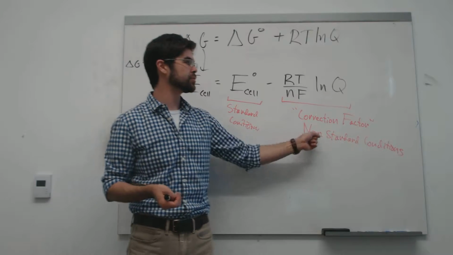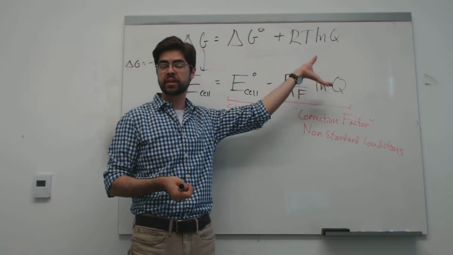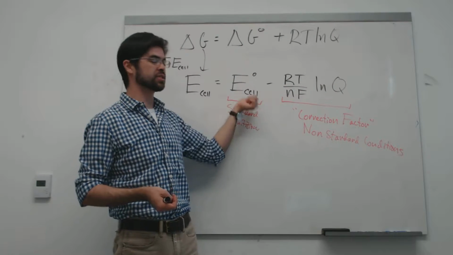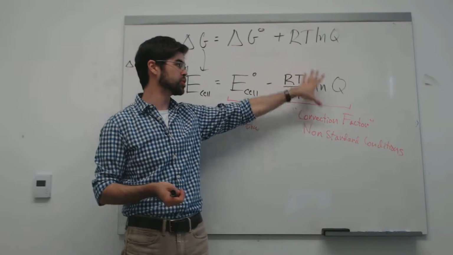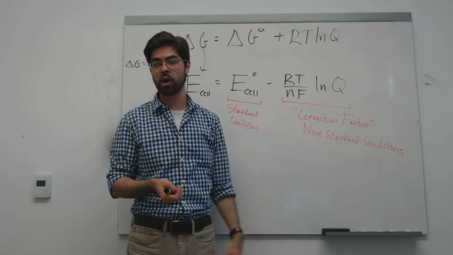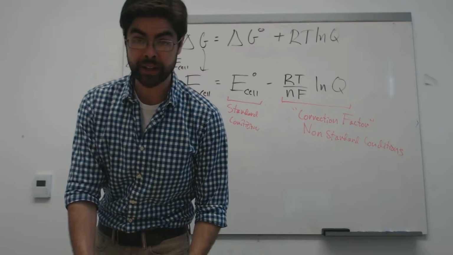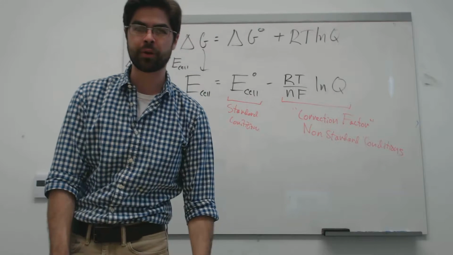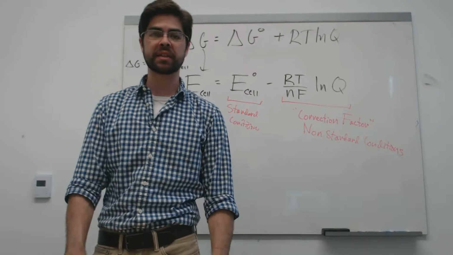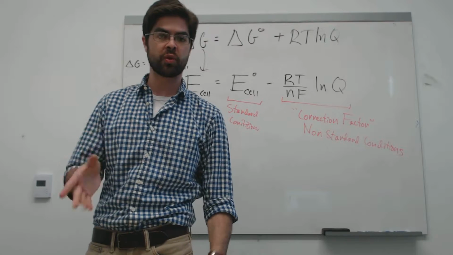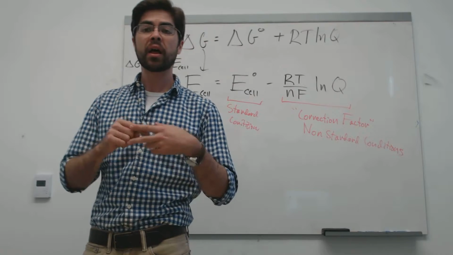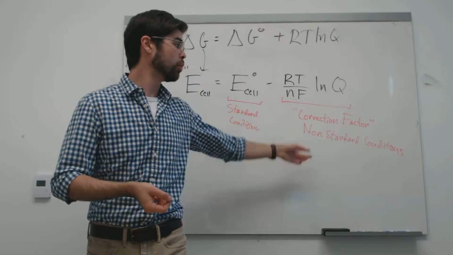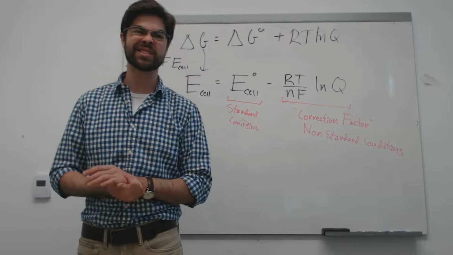If you're under non-standard conditions, that's when you adjust the standard cell potential. You adjust it by taking into account all those other non-standard conditions. So that's a lot of words to describe it. But basically, the Nernst equation describes the cell potential by accounting for or correcting for non-standard conditions.